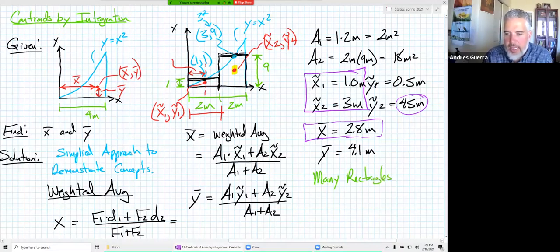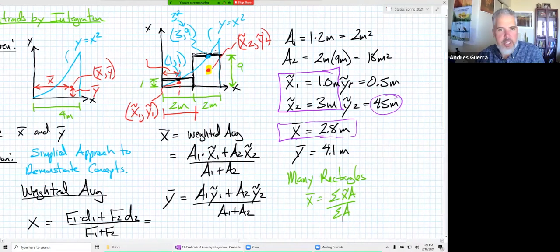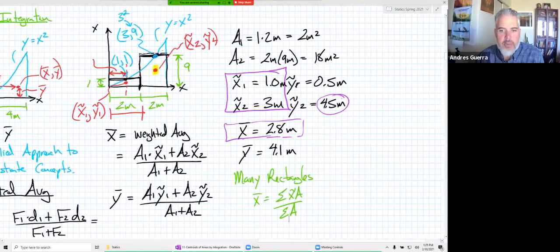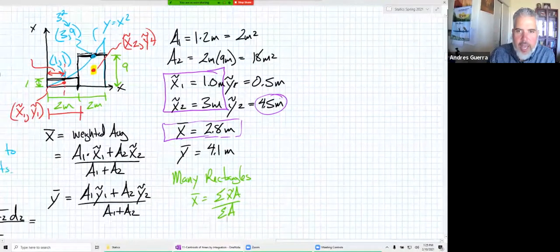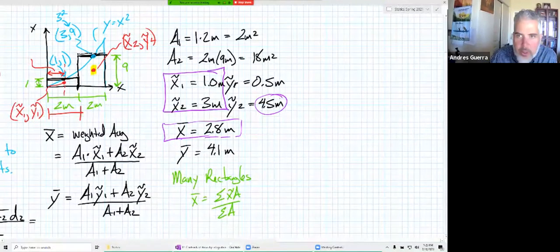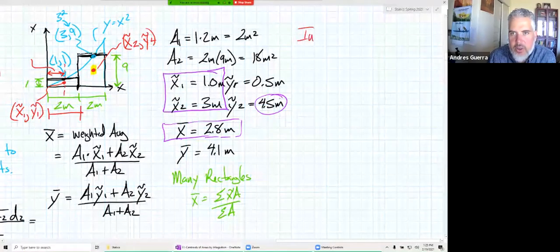Couldn't we say x bar would be equal to the sum of x tilde A divided by the sum of A? We could do maybe 5 rectangles or 10 rectangles with that, and we would get more accurate. Now, what about if we went to infinite rectangles?